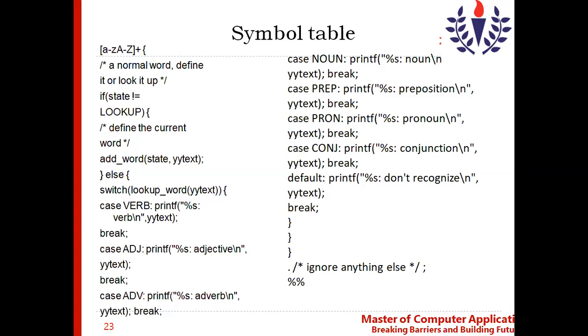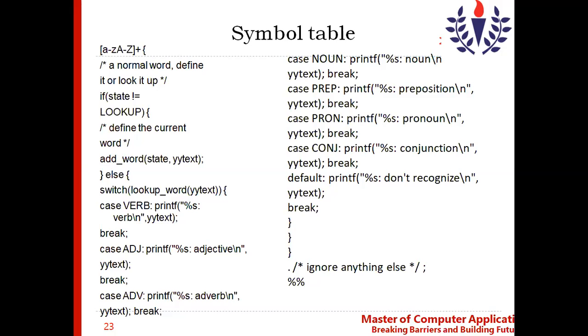That is where we call add word. The second is that he gives input to search from the linked list, meaning he passes some text to find out which type of word it is, whether a verb, an adjective or an adverb. In order to find out, we need to call lookup word. So there are two possibilities: the input is to be stored or the input is to be searched.